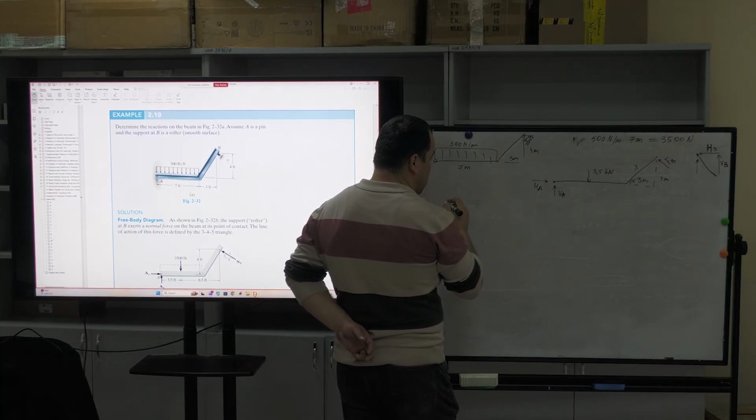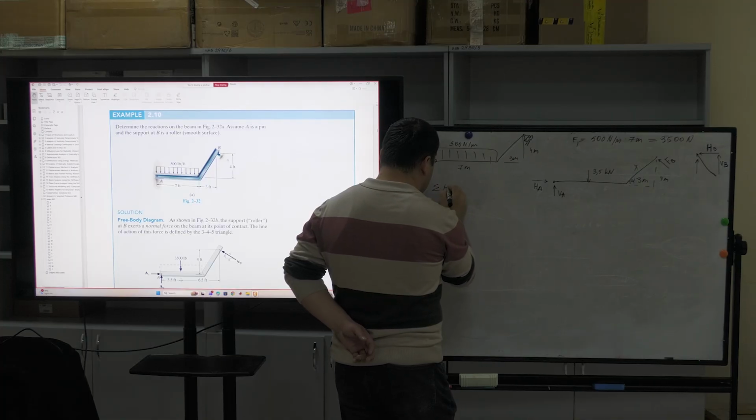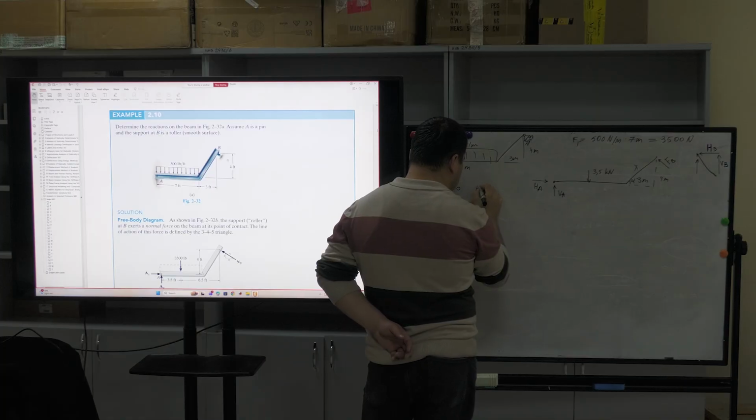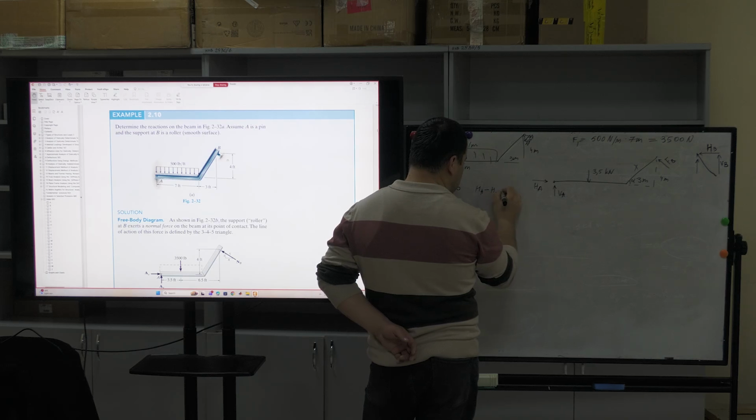If the sum of horizontal forces is equal to 0, it means that HA minus HB is equal to 0. So it means that HA is equal to HB.